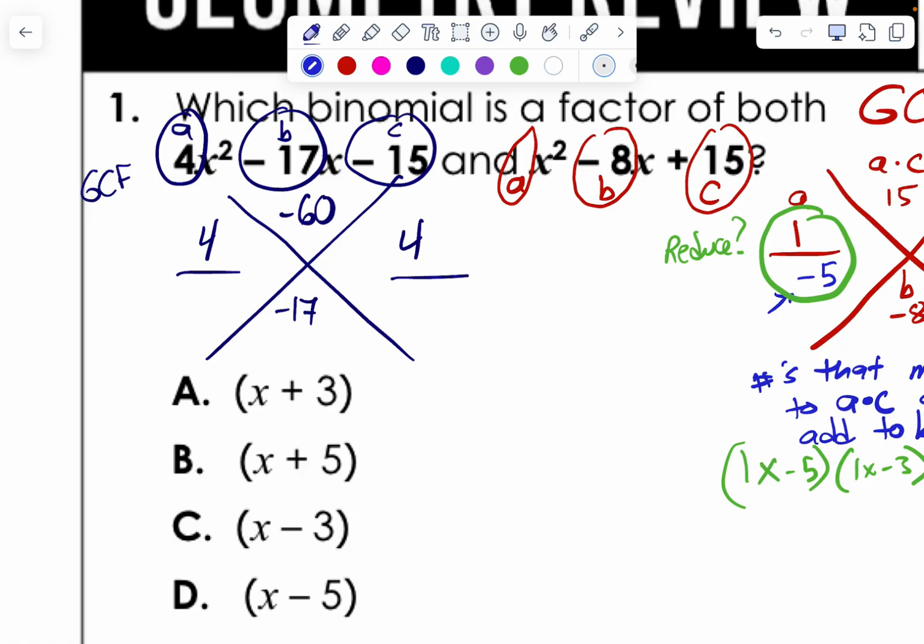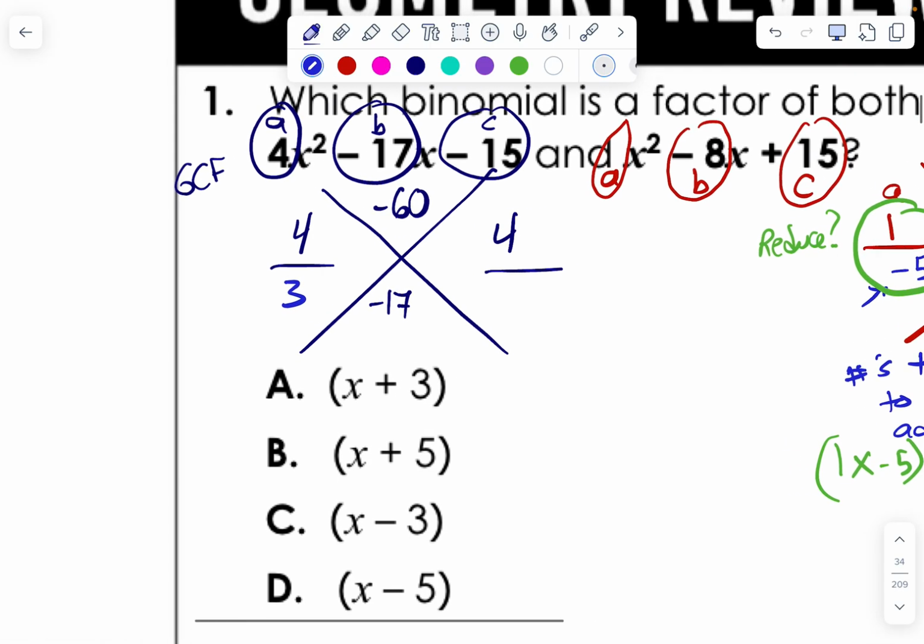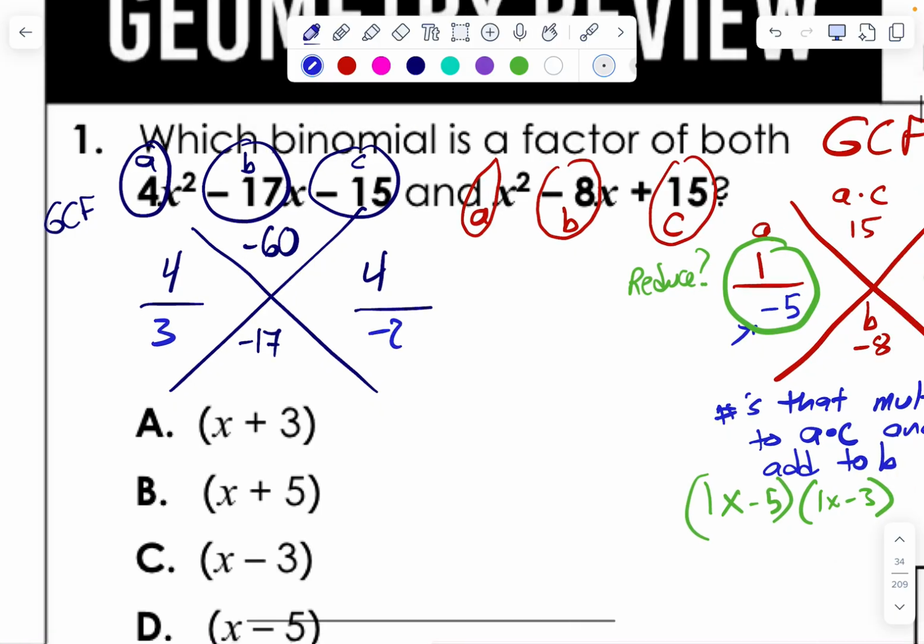Are there numbers that multiply to make negative 60 and add up to negative 17? Yeah, so in this case, it would be 3 and negative 20. Okay, so those multiply to make negative 60 and add up to negative 17.